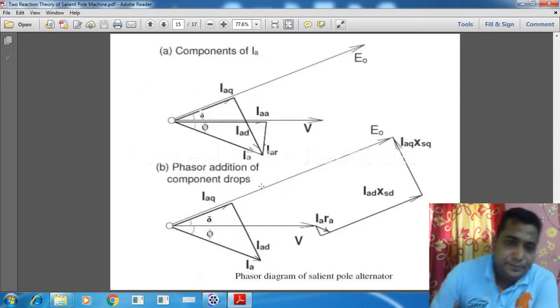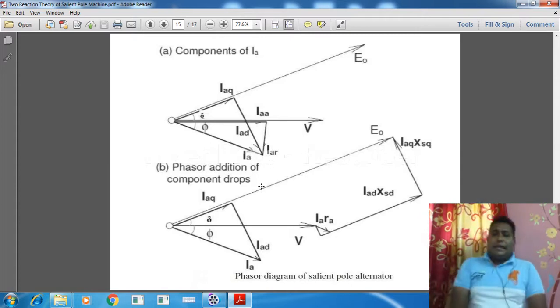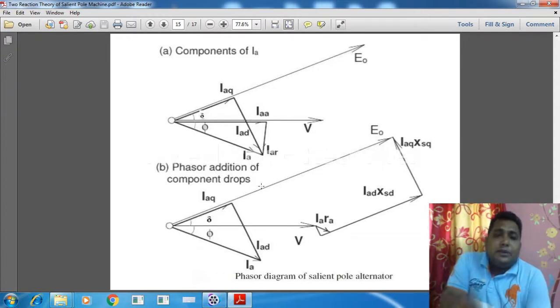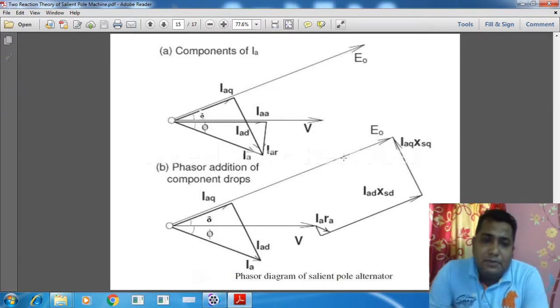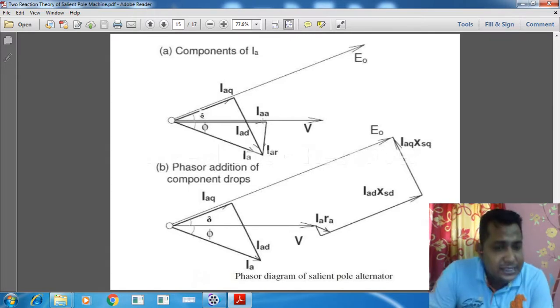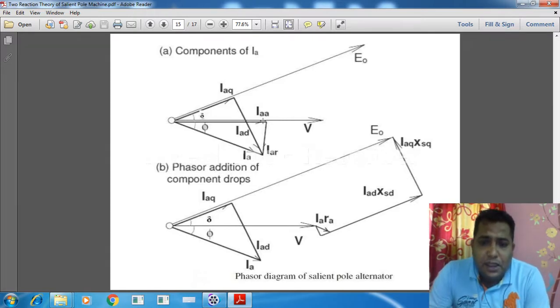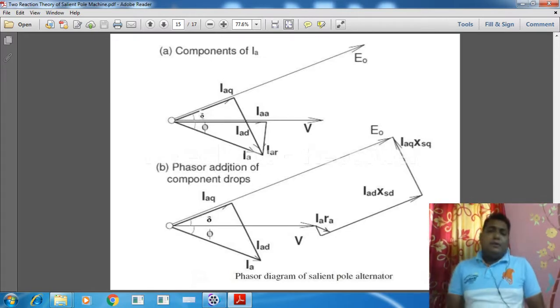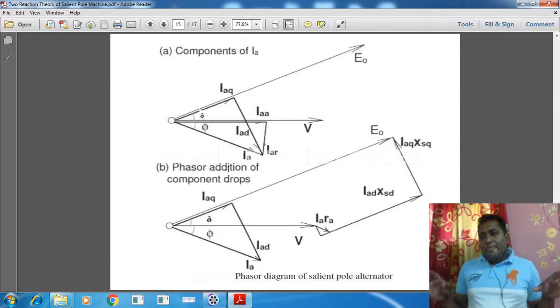In this way, different phasor diagrams can be drawn. These are the components of Ia. The phasor addition of the components in the picture above represents the components we have in the armature current, which has components in the direct axis and in the quadrature axis. The next one is a phasor diagram of component drops, showing what drops appear.